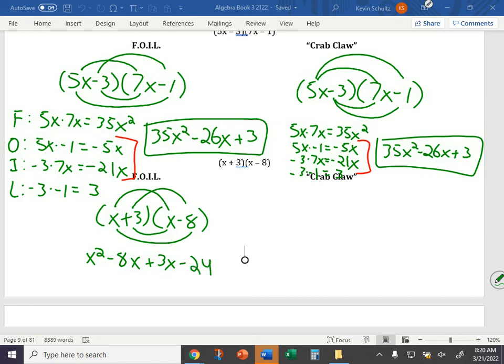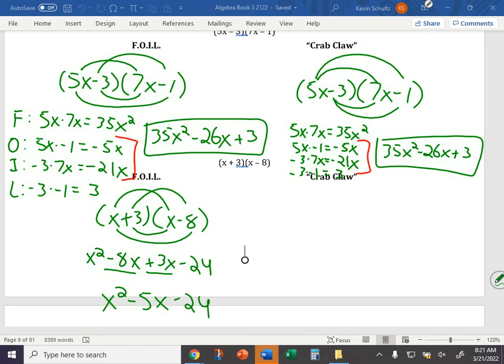Really pay close attention to signs. The danger of doing it mentally or working too quickly is you miss those details, those signs. We do have a negative 8x and a positive 3x, which combine to give us negative 5x. So x squared minus 5x minus 24 would be your answer.